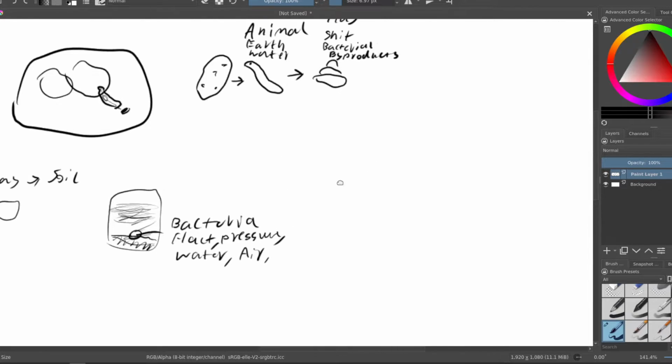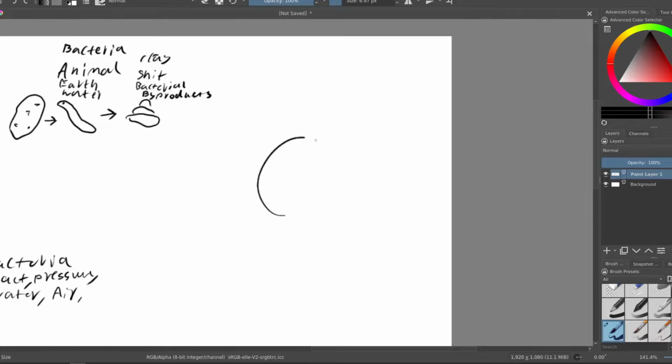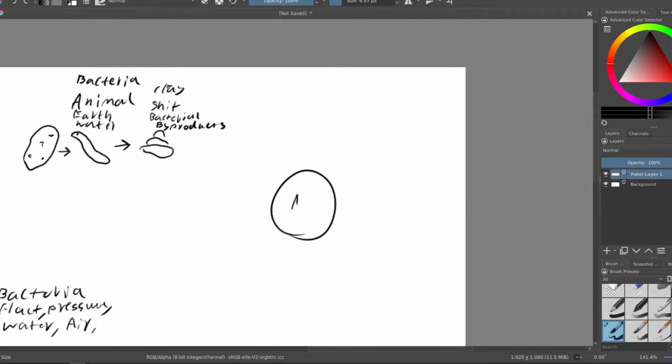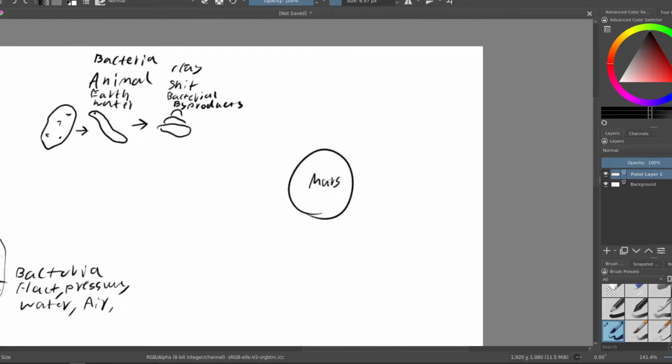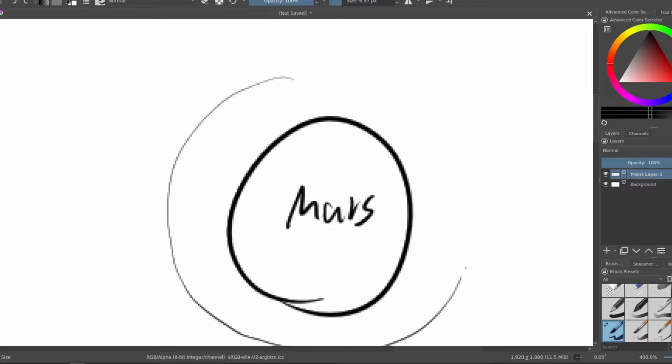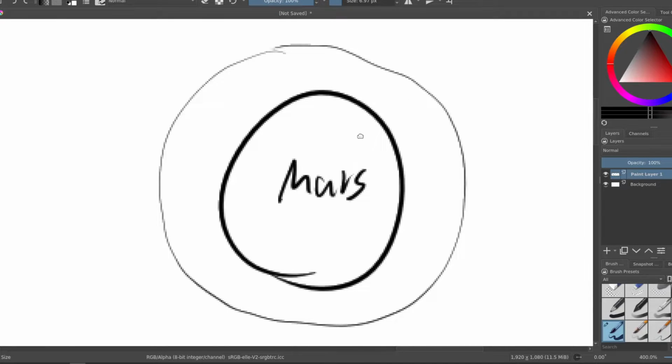So assumingly we wanted to terraform, let's assume that Mars is a rock and it's not a star. Whether it is a star or rock, I really don't know, but we'll know one day. Let's assume you've got Mars here, and you want to terraform it. You want to have the atmosphere, right?